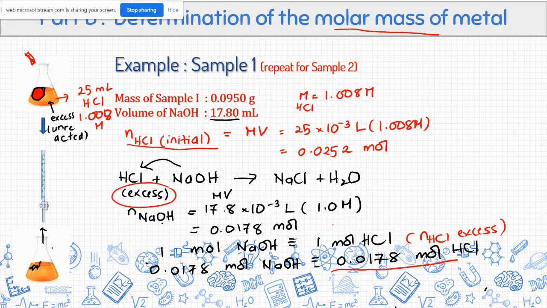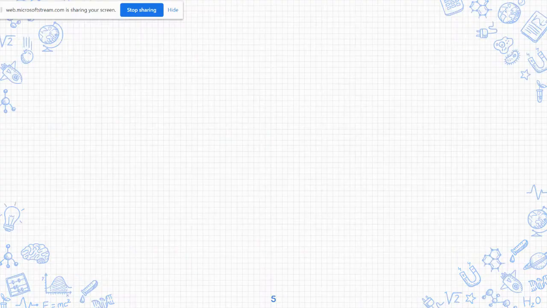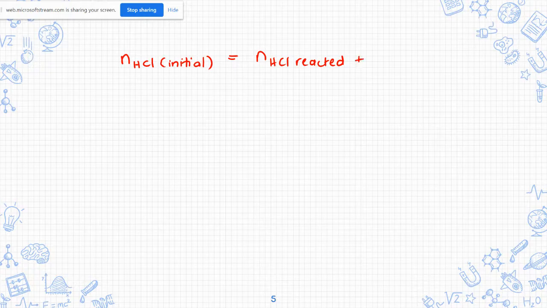That means now we can calculate the amount of HCl reacted with metal M. Okay, let's proceed. n HCl initial, the total that we start with, equals n HCl reacted plus n HCl unreacted.